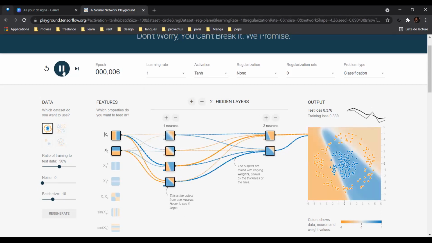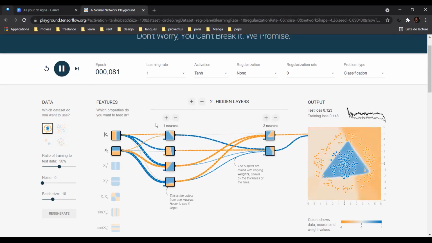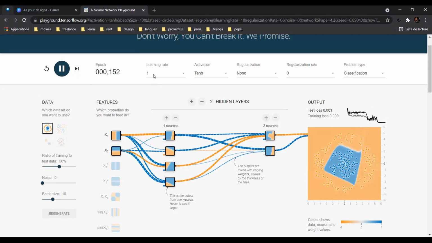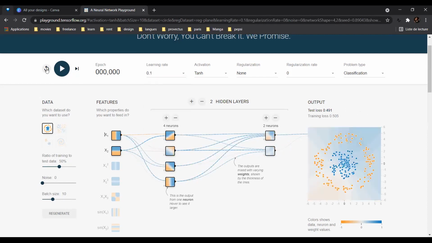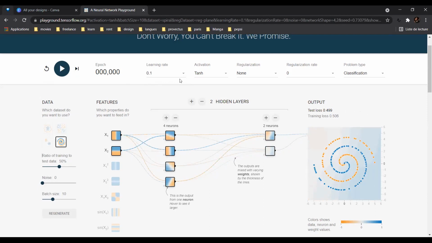Let's go back to tanh. Yeah. The learning rate is a bit too big, but anyway, let's take a look, for example, at this one with tanh. Let's see if we can do it.